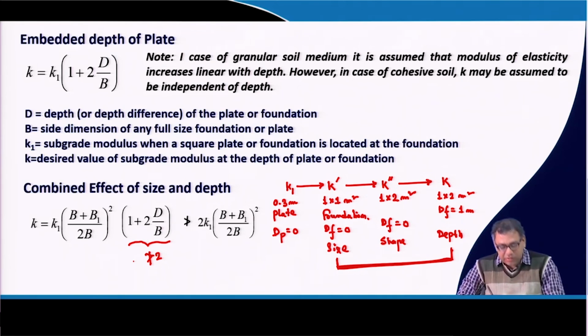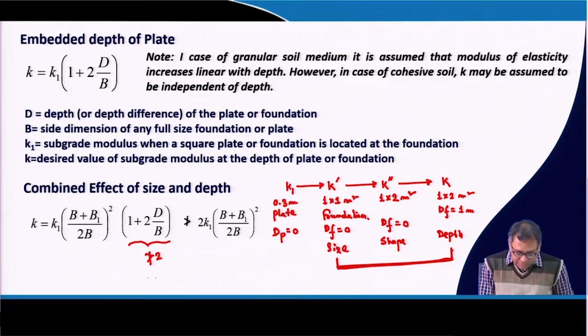That means due to depth correction, your subgrade modulus value should not increase more than 2 times. So, you have to restrict this. Here first you do the size correction and then the depth correction at a time, but you restrict this within 2 or equal to 2.